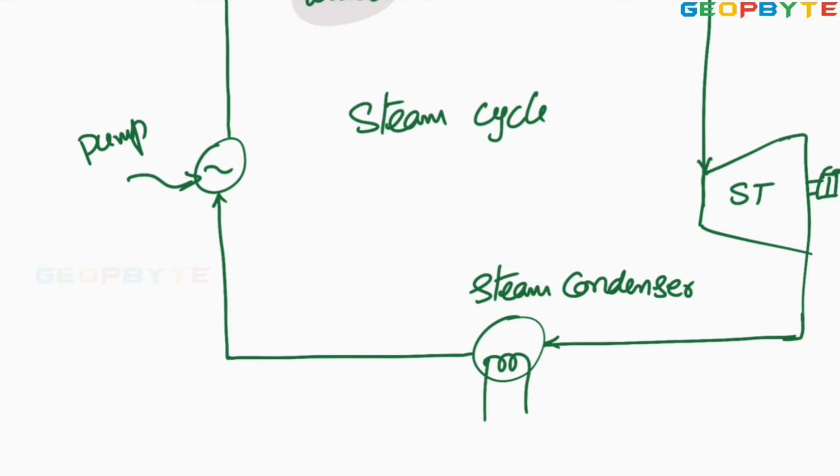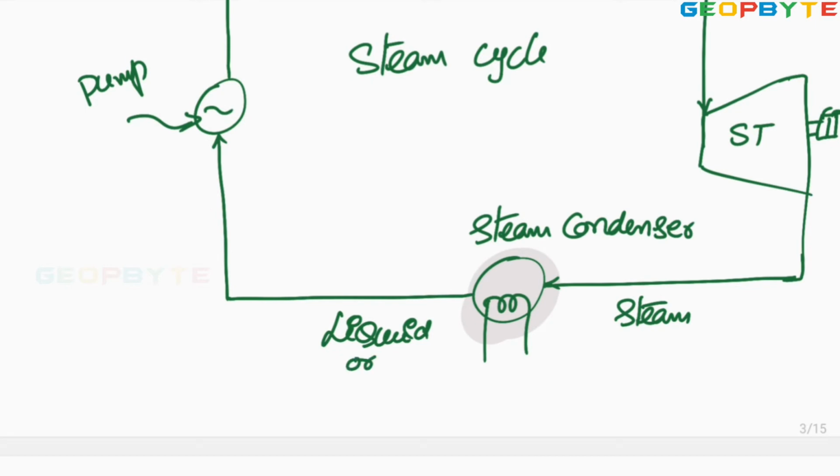This is the steam condenser, where the steam is rejecting the heat to the coolant available in the steam condenser. Then the steam is becoming liquid. That liquid is called condensate.